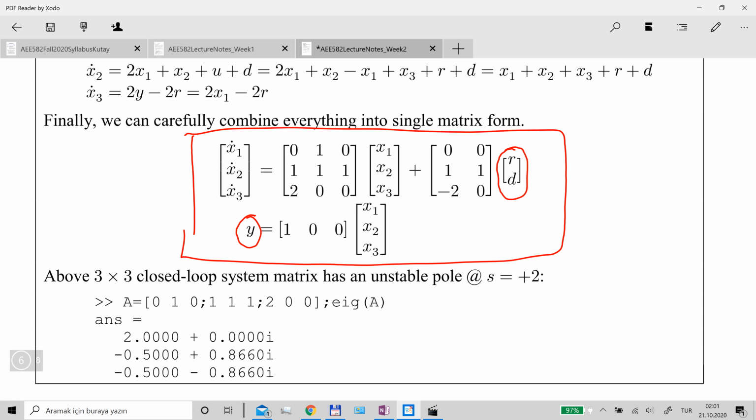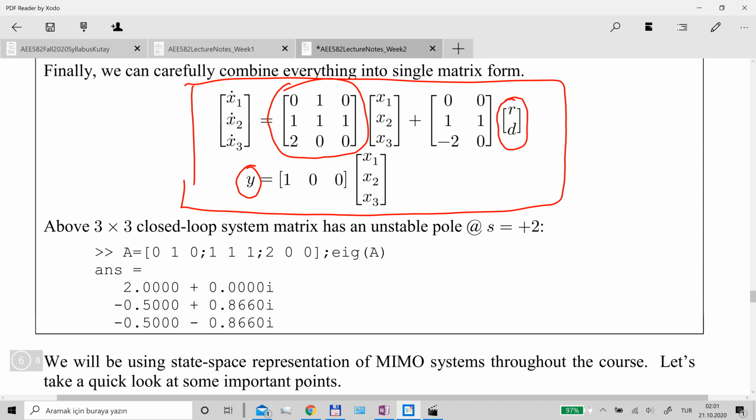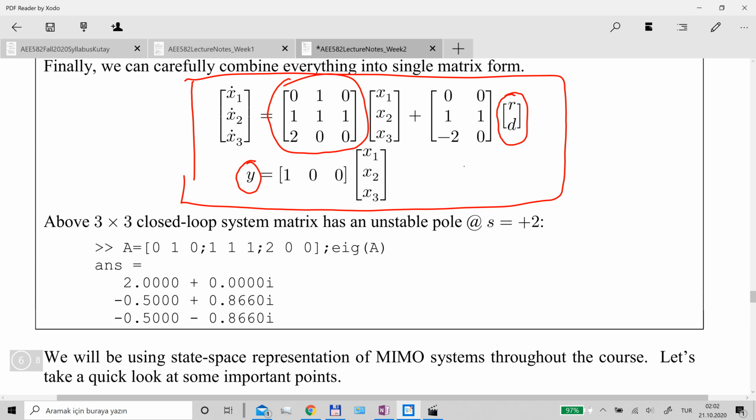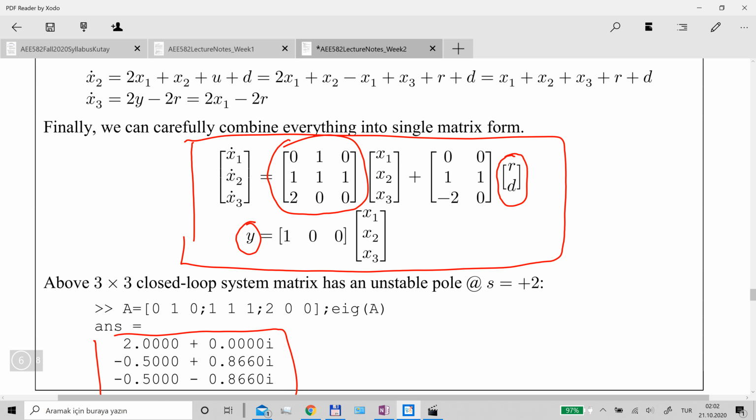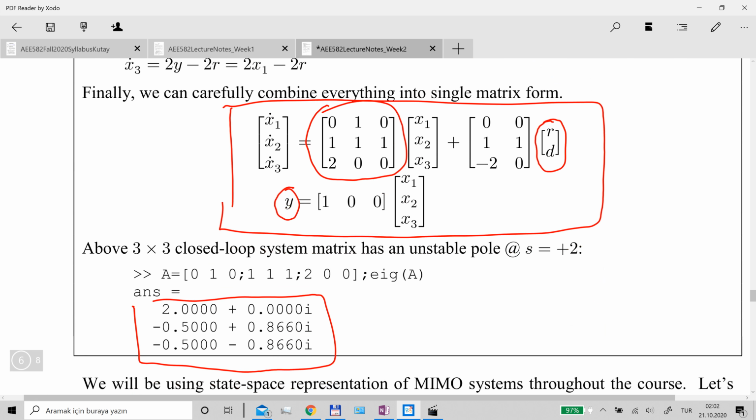Okay, so as you know, the stability can be seen from the system matrix, which is this 3 by 3 matrix. And if you compute the eigenvalues of that matrix in MATLAB, you'll get these numbers. And while doing that, I took the value of k to be 1. I think I forgot to mention that, but it must be written somewhere here.